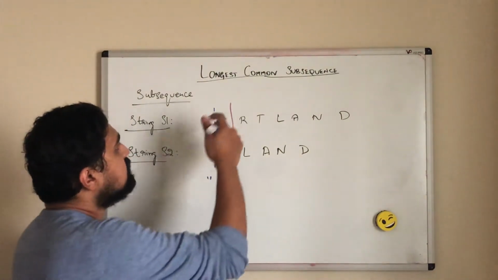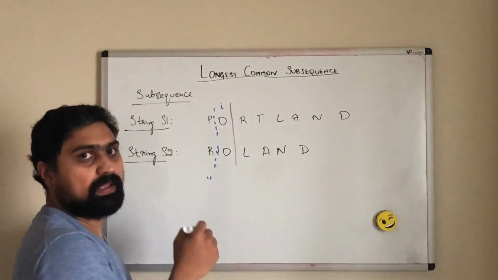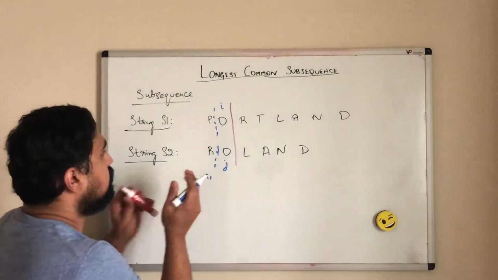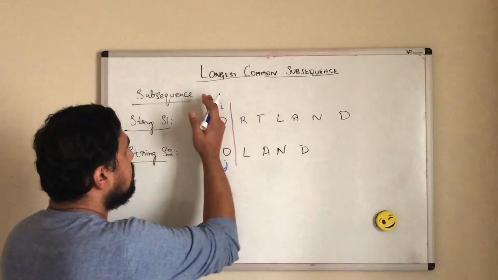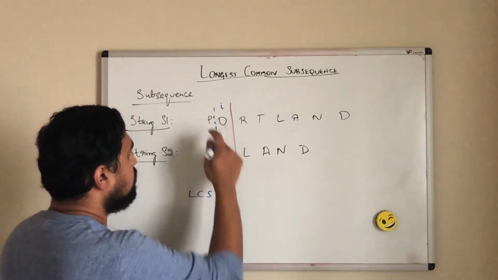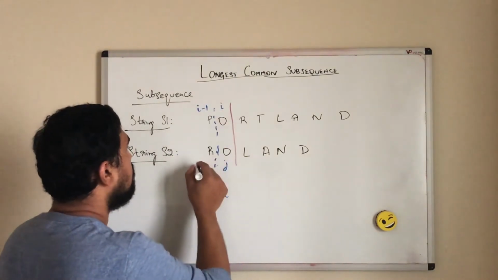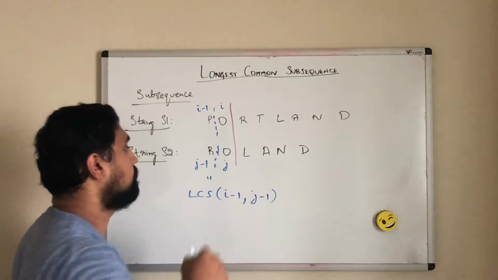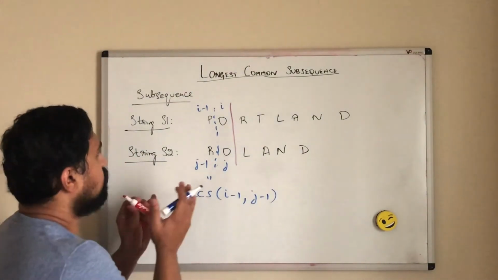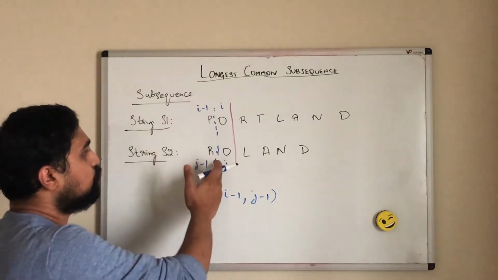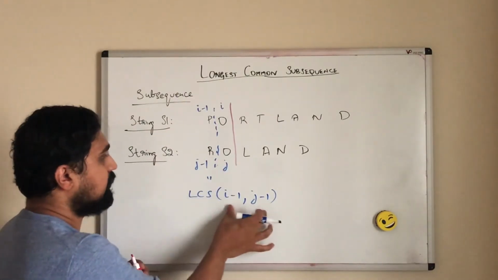So let's say the index in S1 is I and the index in S2 is J. And the longest common subsequence that we had till the previous point, let's call it LCS of I minus 1, J minus 1.